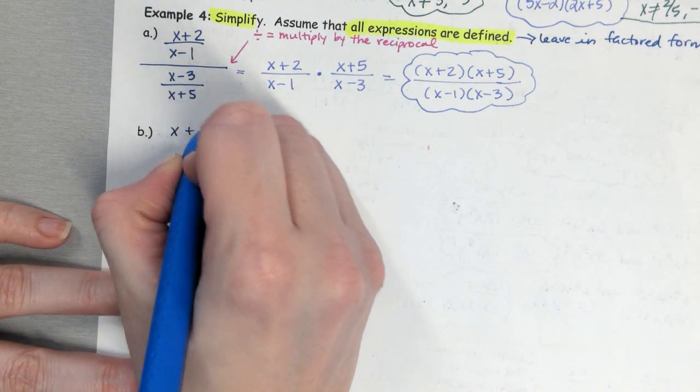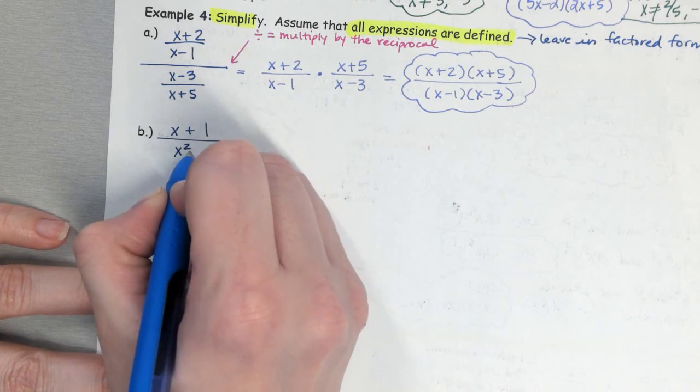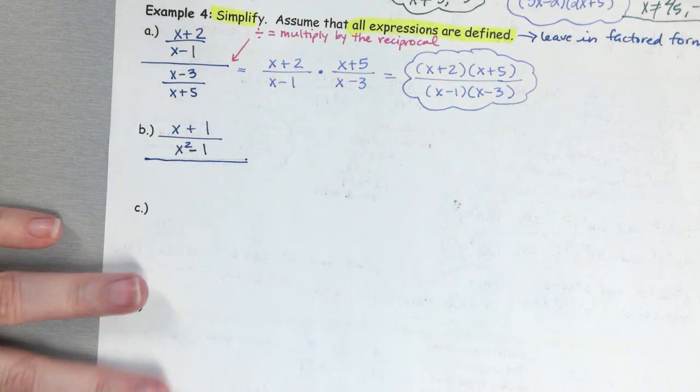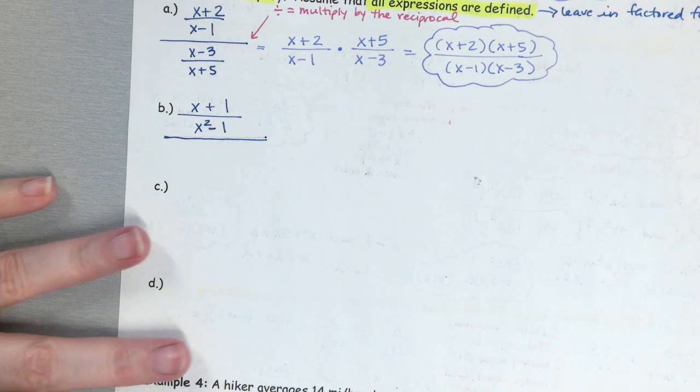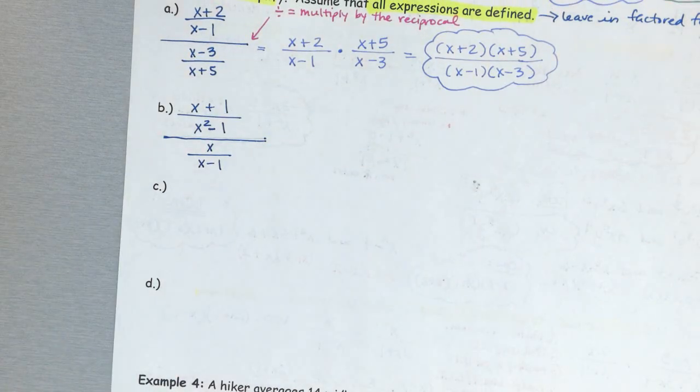All right, let's try B. So we have x plus 1 over x squared minus 1, and that is divided by x over x minus 1. If you can factor, you will.